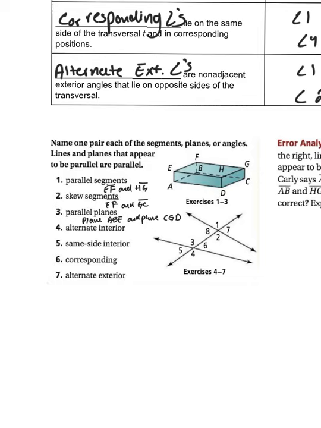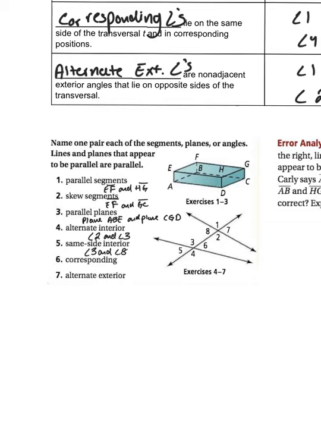Alternate interior angles are the interior angles that lie on the opposite sides of the transversal, like angles 2 and 3. Number 5 asks for same side interior angles, which lie on the same side of the transversal, like angles 3 and 8.